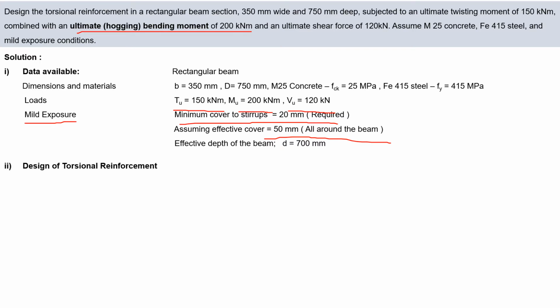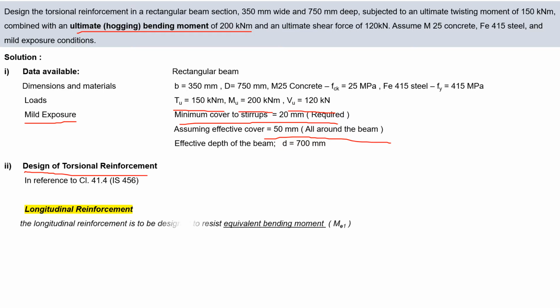Now the main part of the problem is we have to design the torsional reinforcement since it is subjected to torsional moment. So in reference to clause number 41.4, which we have discussed in detail in the previous lecture, we have to provide longitudinal reinforcement as well as transverse reinforcement. So first of all, let us discuss the longitudinal reinforcement.